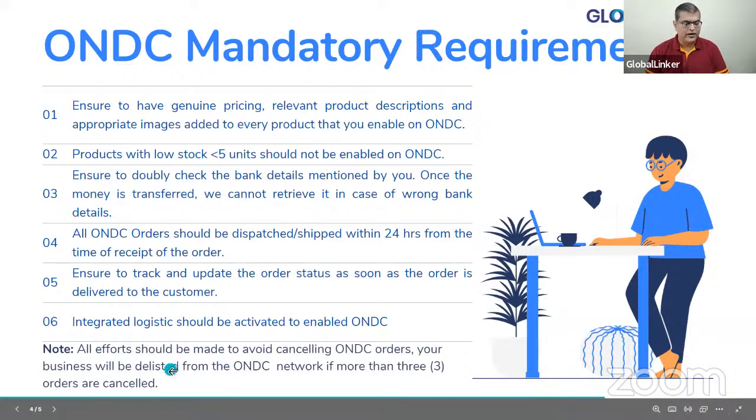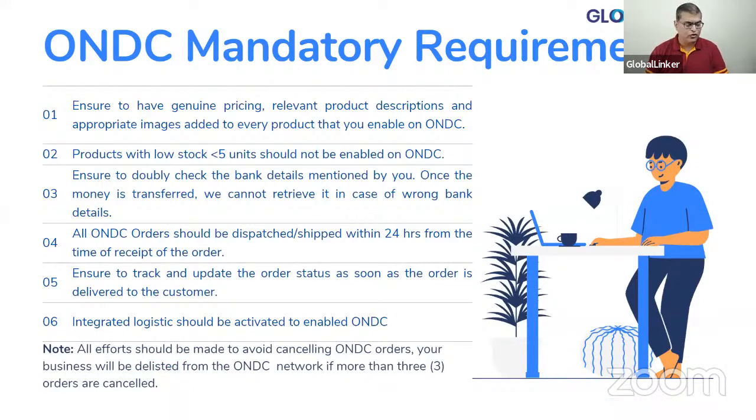The last point is, if you cancel 3 or more orders, then you will get delisted from ONDC. So you should not cancel; you should fulfill all ONDC orders. All right, so those are a few important, mandatory requirements for showcasing your products or services on ONDC.